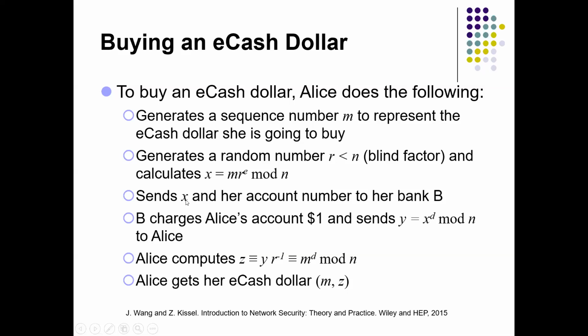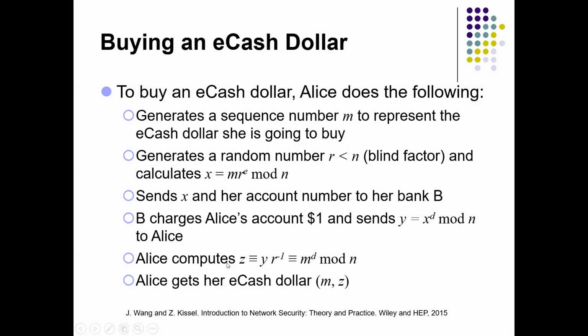So Alice then sends X and her account number in the bank to the bank B. So B verifies that Alice does indeed have an account with B, and B charges $1 from Alice's bank account plus some processing fee, and then signs X and sends it to Alice. So this signature, we call it Y, is what Alice has.